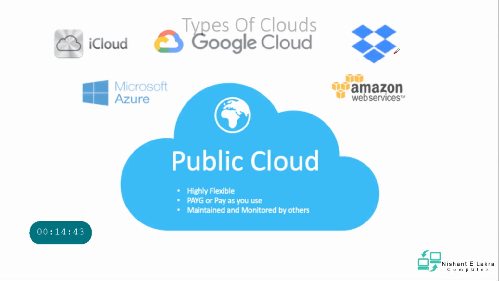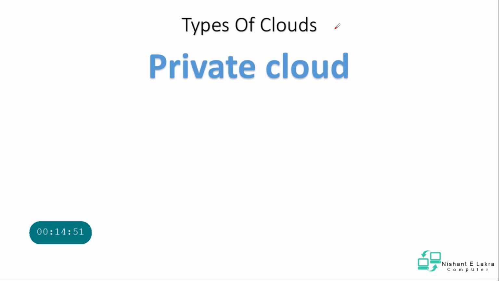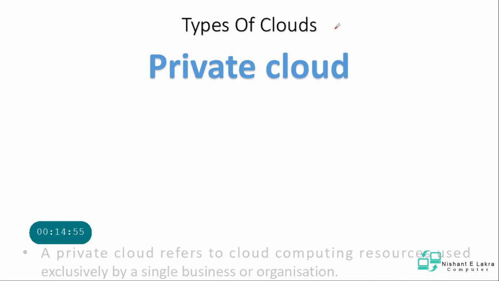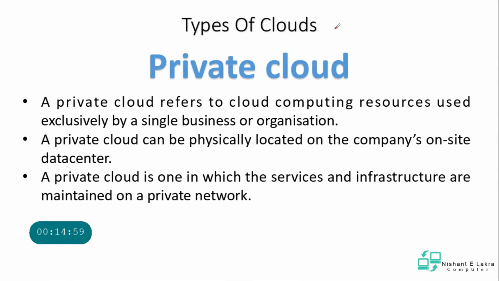Now let us see the second type of cloud. The second type of cloud is known as private cloud. By the name itself, you should know what kind of cloud this is. Basically, clouds are used for services and storing of data. A private cloud refers to cloud computing resources used exclusively by a single business or organization.